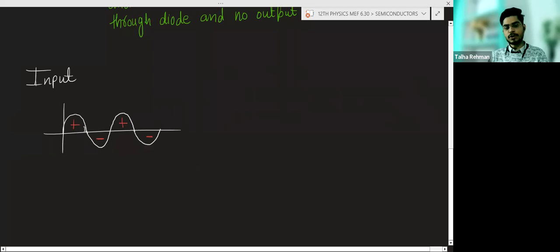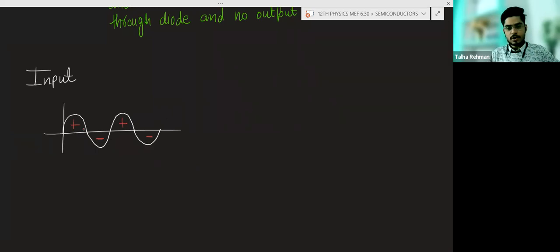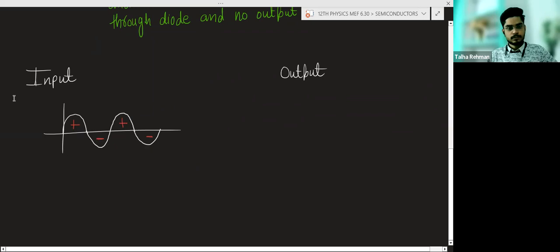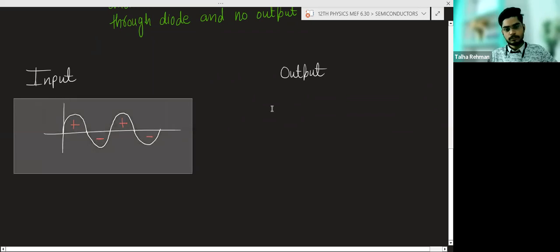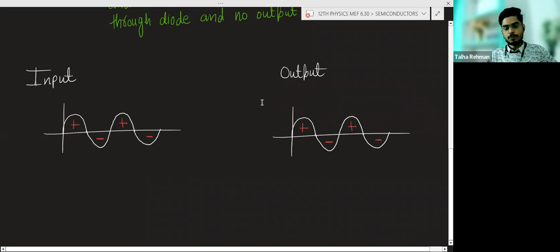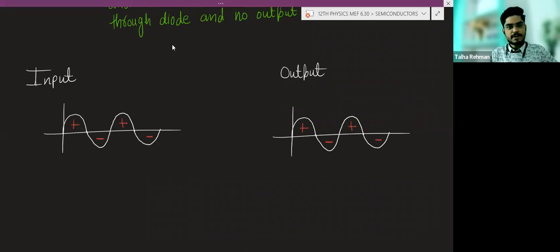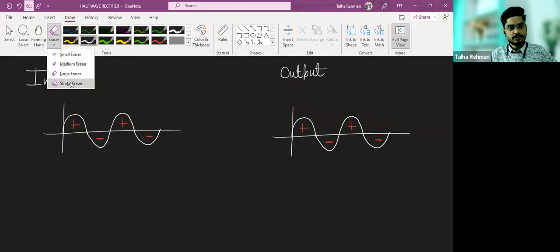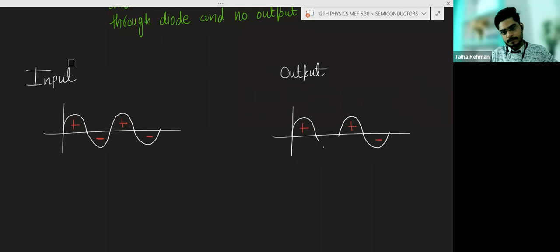You are getting output only in the positive half cycle, so your output will be like this. Means during the negative half cycle, you will get no current. The negative portion will be removed. Okay, so this will be your output.